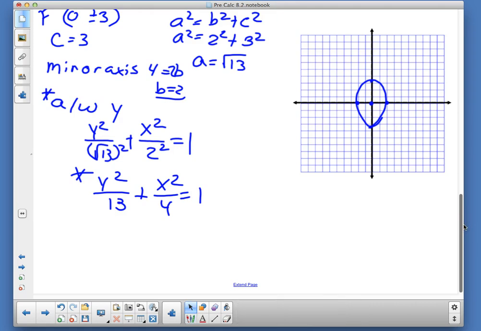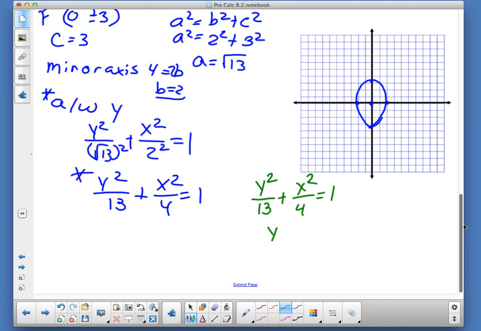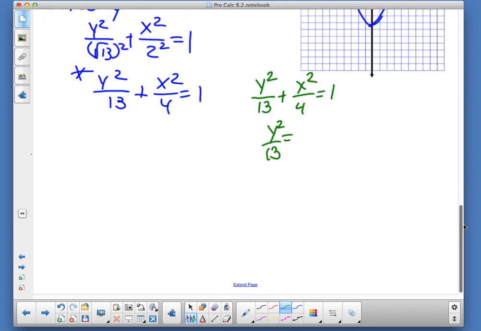So if I'm going to put the equation in a graph, I've got this situation, and I'm going to get to this situation quite quickly. Multiply by 13 and take the square root.